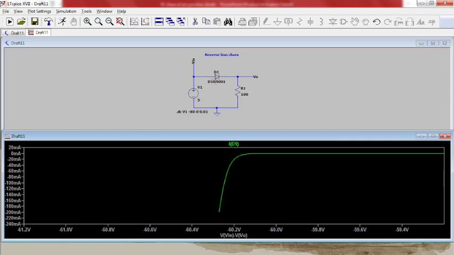If we change the diode, we can see that the reverse breakdown voltage, and similarly in the forward condition also the forward voltage may vary along with changing the diode.